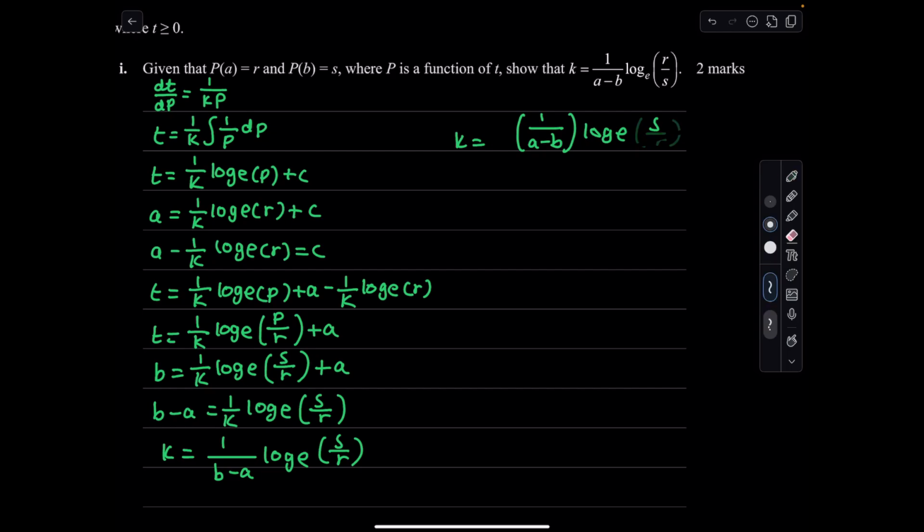So if you bring it inside the log, it'll look like this now: s over r to the negative 1, which is basically the reciprocal, which is just r over s. And so, yes, we got our final answer, which is what we wanted. So, all right, a minus b log e r over s. Done. Not too bad.